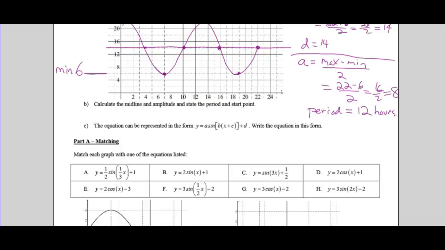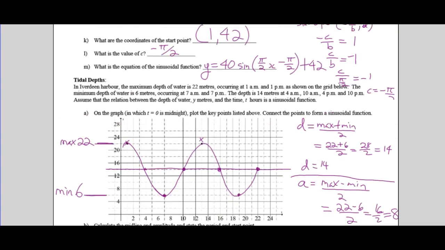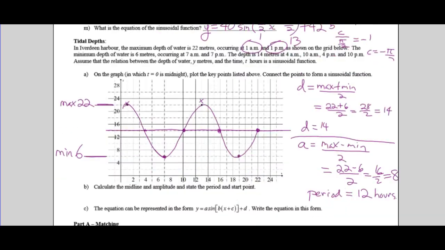The top of the second peak is 13. 1 p.m. is 13, 1 a.m. is 1. You're going from 1 to 13. How far is it from 1 to 13? That's where the 12 comes from. So the period is this distance here, right?